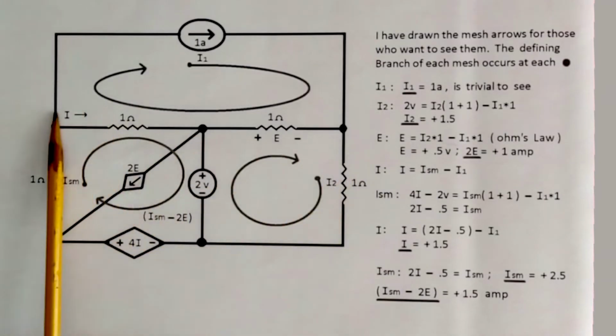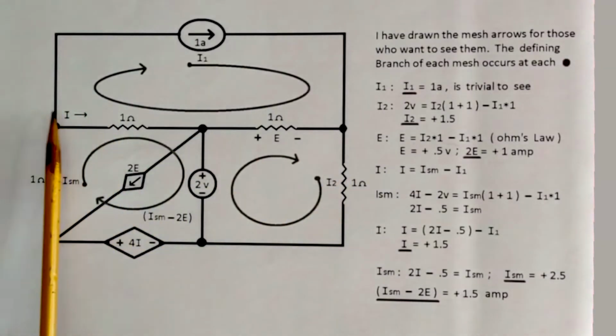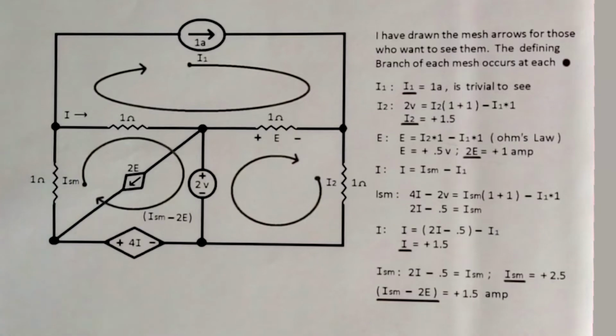Next we can find the equation for I. A couple of ways. We can look at this left node and we can sum branch currents in and out of this node. All of the branch currents entering equals exiting. I is already defined as a branch current to exit.